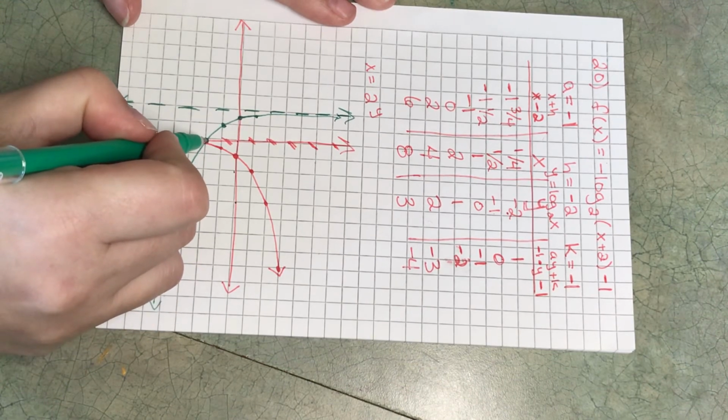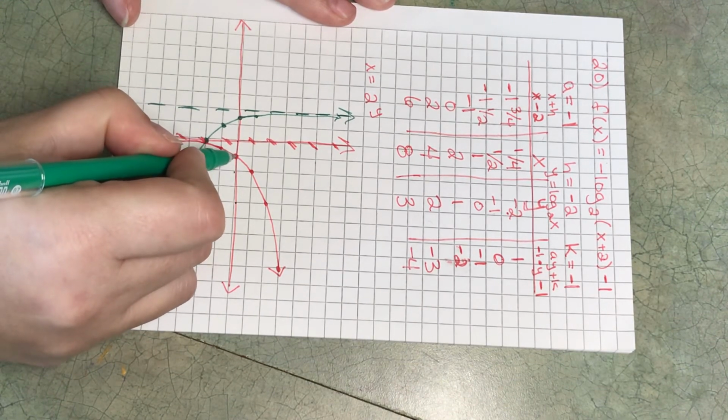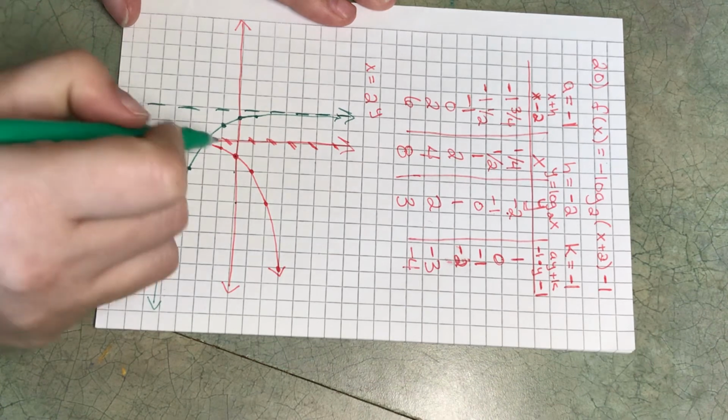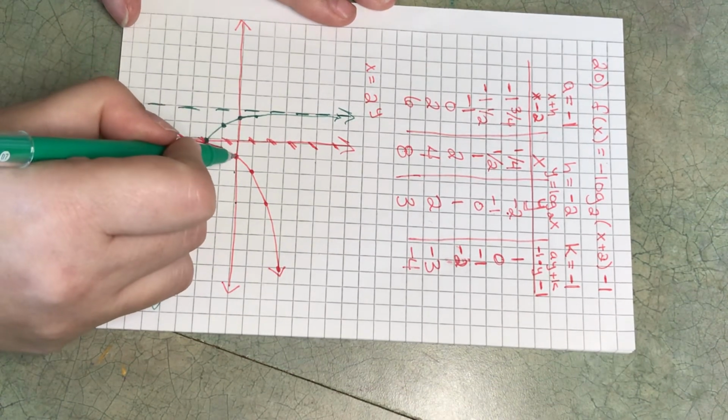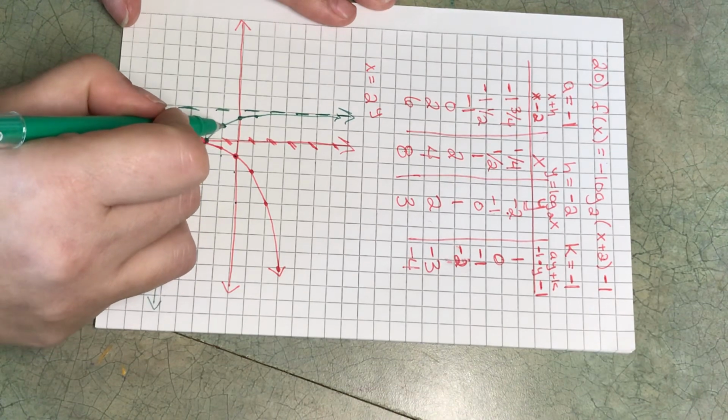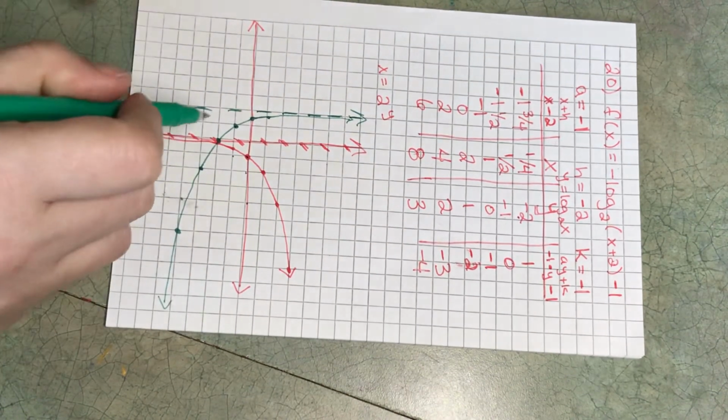This point that started here has shifted down 1 over 2, and then the whole graph has flipped over around that.